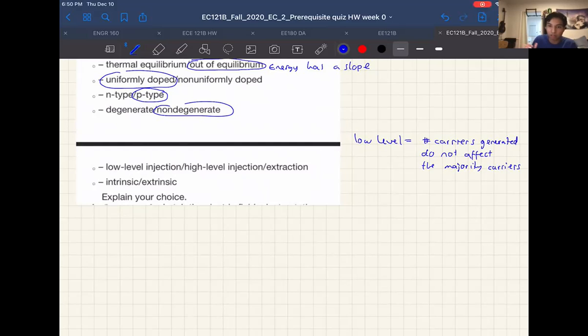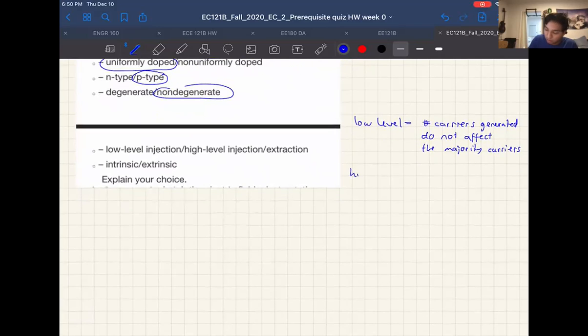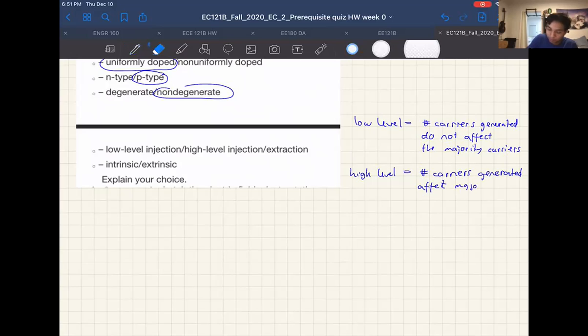So you can just say that low level injection means only minority carriers increase, versus high level injection, where the number of carriers generated affects the majority carriers.